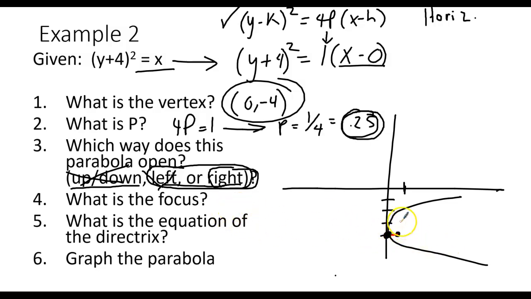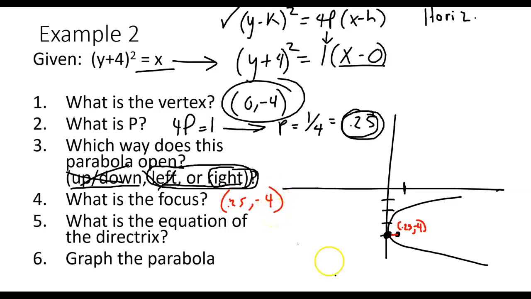So what are the coordinates of this point? Well, I went over 0.25, or 1/4, and it still has a y value the same as the vertex, which is -4. So the focus is (0.25, -4).